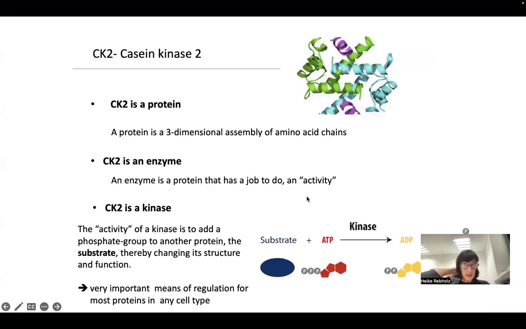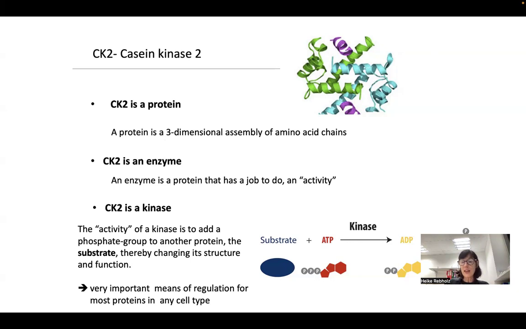So first, a little bit of background on CK2, in case you need a refresher on protein biochemistry. CK2, as you know, is a protein. It has DNA that encodes for it, like every protein has a blueprint in the format of DNA, and this is where a mutation occurs.